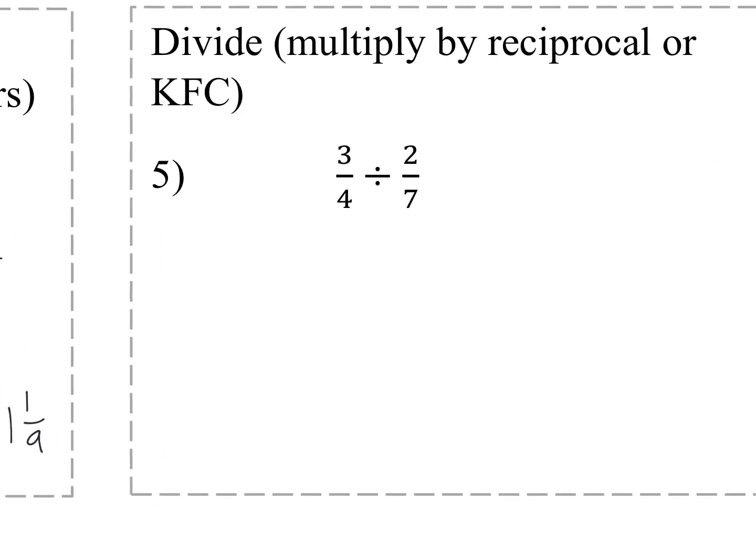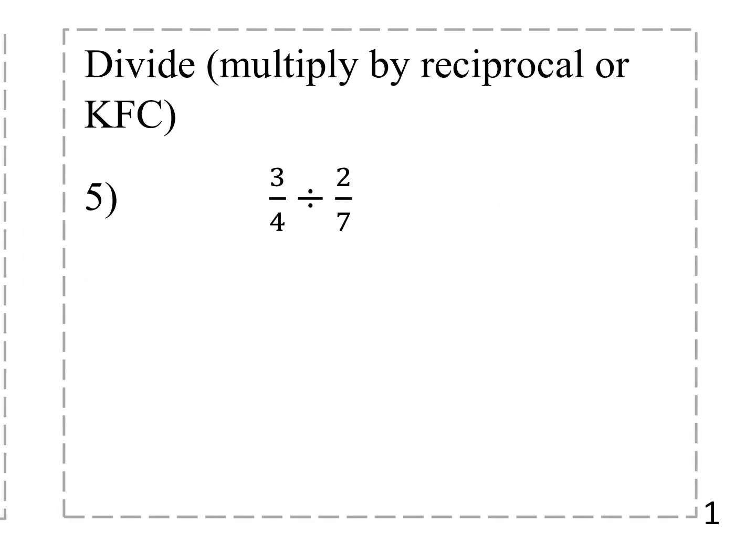And dividing fractions. So we've got 3/4, and we're dividing by 2/7. You can see here you've been reminded KFC, and what that means is you keep the first fraction, you flip the second one. So K for keep, F for flip, and C for change the sign from a divide to a multiplication.